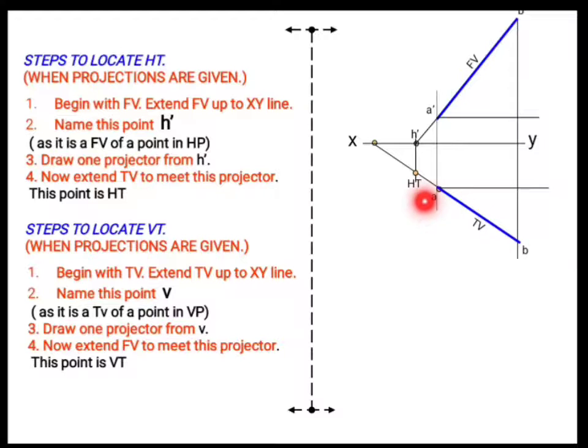Again, this straight line ABHT is extended to intersect the XY line to get the point V. Now V and VT will be on the same vertical projector, so we have to drop down the vertical projector through V, and again we can extend the line B dash A dash H dash to get this intersecting point which denotes the vertical trace.